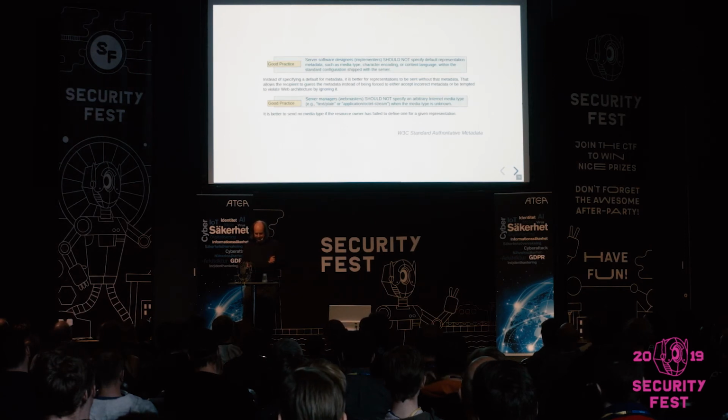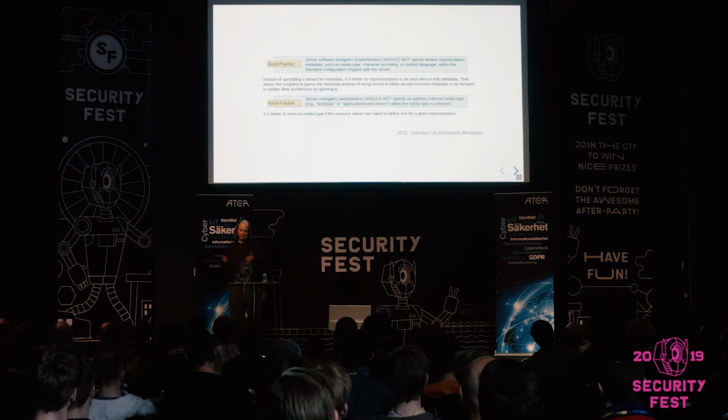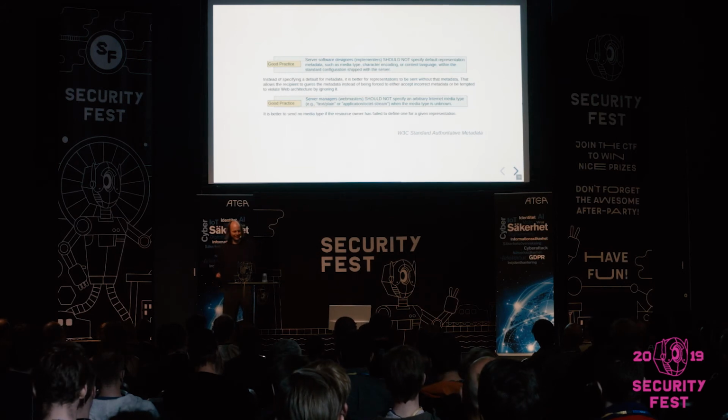Instead of specifying a default for metadata, it's better for representations to be sent without that metadata. This allows the recipient to guess the metadata instead of being forced to either accept the metadata or being tempted. So it's basically saying you should do exactly that, which will lead to the cross-site scripting attack.